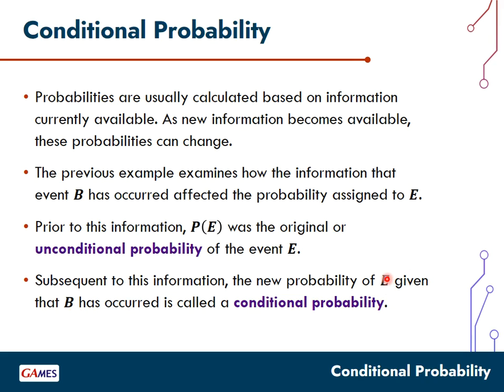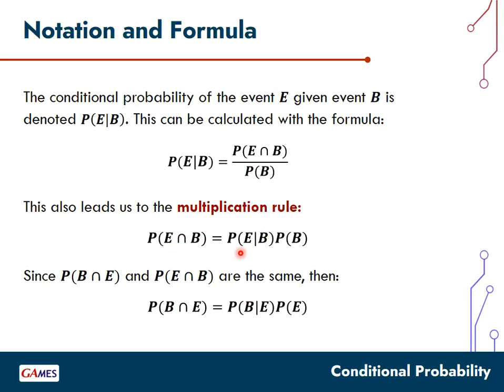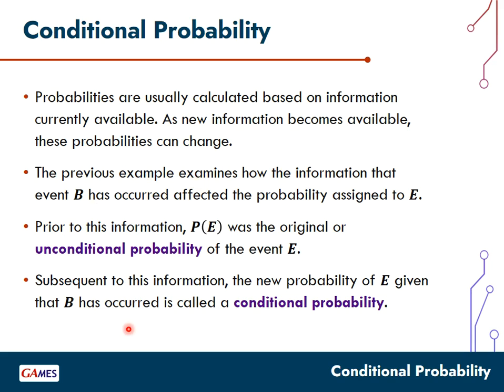That's very important. So let's introduce some notation. I already talked about unconditional probability, which is the original probability without access to extra information. But as new information arises, you're updating your degree of belief in that event based on the availability of information that B has occurred.